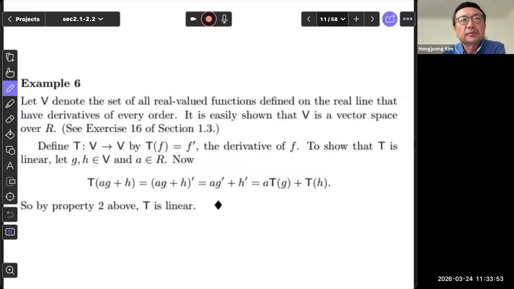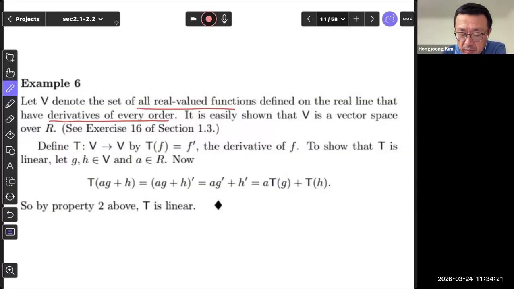And suppose that we have real valued functions defined on the real line that have derivatives of every order, meaning we have the set of very smooth functions so that we can differentiate those functions as many times as you want.